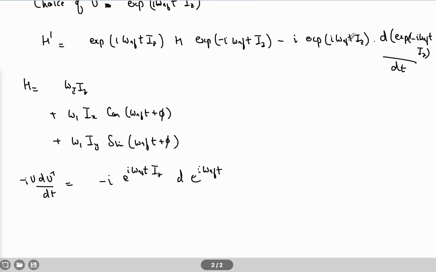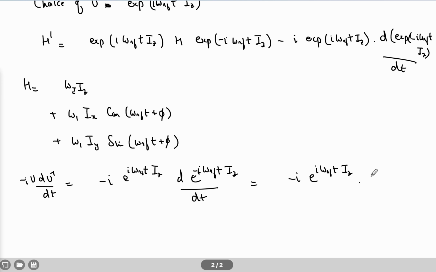So if I take the inverse of this, this becomes negative, so that's how the negative sign is there. Now if I take the time differential of dIz/dt, I have minus i omega RF e^(i omega RF t) Iz, and other than t, basically everything else comes out.